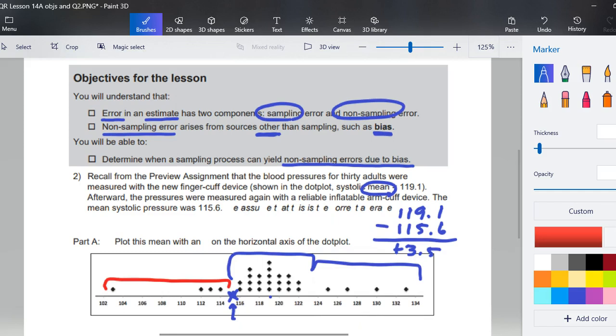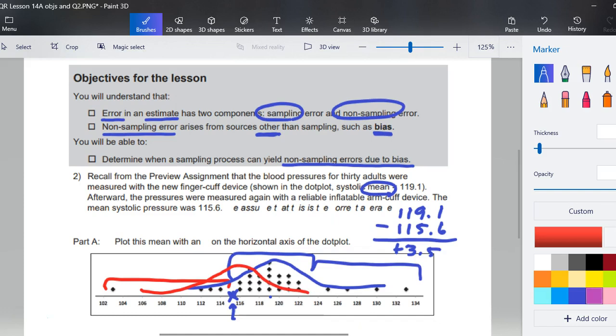B, the distribution of the systolic blood pressures is shifted to the right so that the correct mean is off center. And if we notice, the finger cuff has a normal curve, a distribution there. But if we were to draw a normal curve where the other mean is, it is shifted, as it says, to the right.